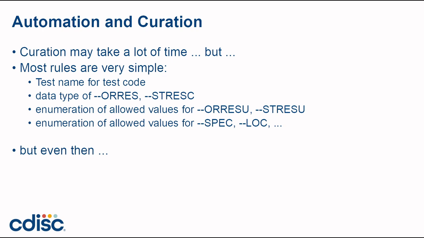Test name versus test code, data type verification for variables such as ORRES and STRESN, enumeration of allowed values for variables such as ORRESU and STRESU, enumeration of allowed values for variables such as SPEC, LOG, and so on. These are mostly about subset code lists, but even then.